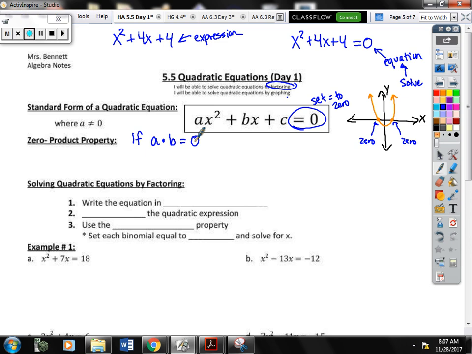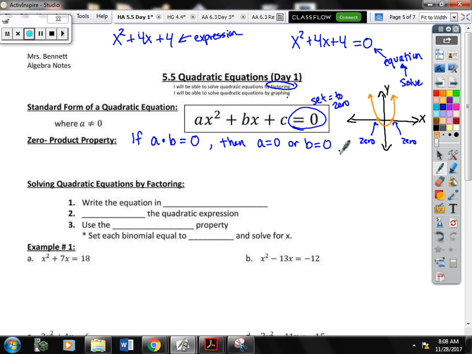One of the numbers is 0, that way when you multiply them together, you get 0. A could be 20 and B could be 0. A could be 0 and B could be 217. As long as one of those is 0, then the whole expression, when we multiply them, will get you 0.